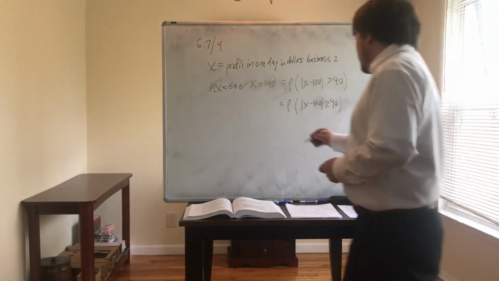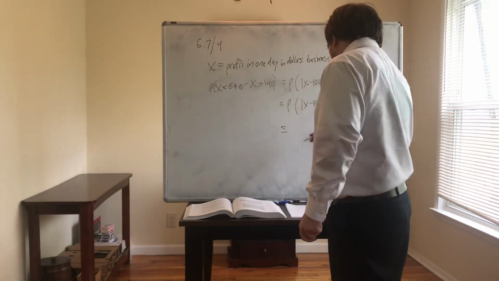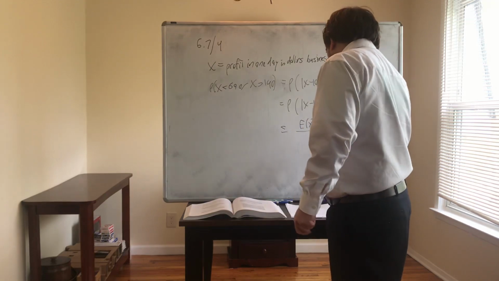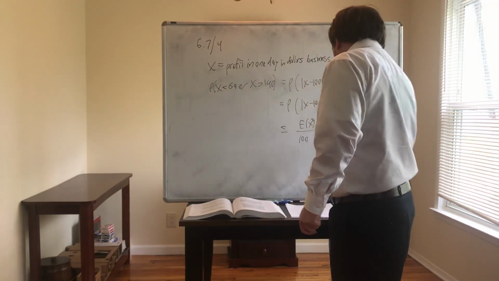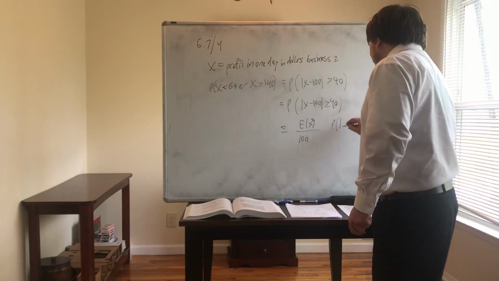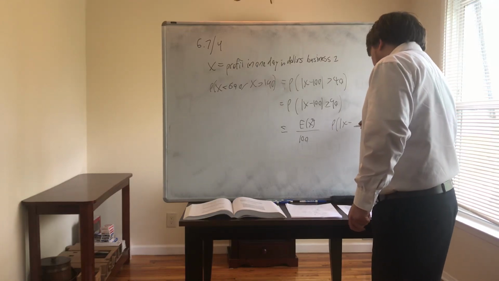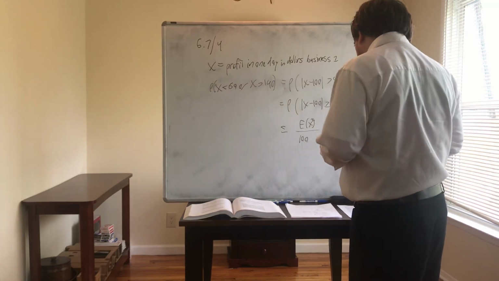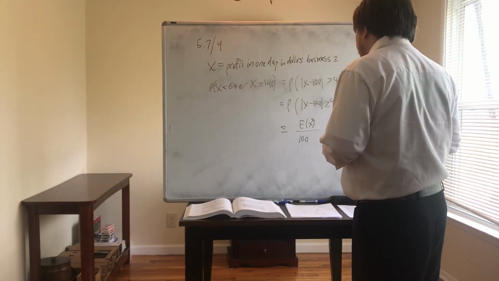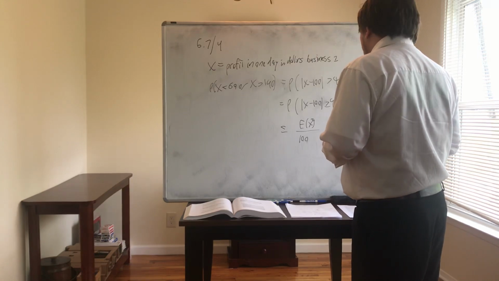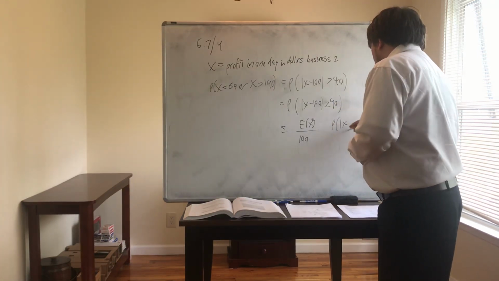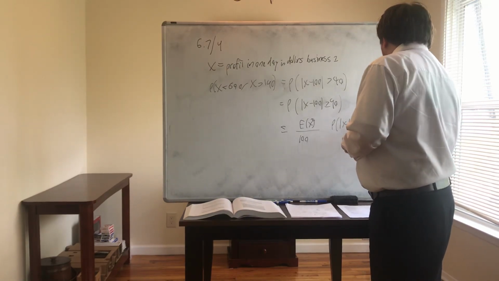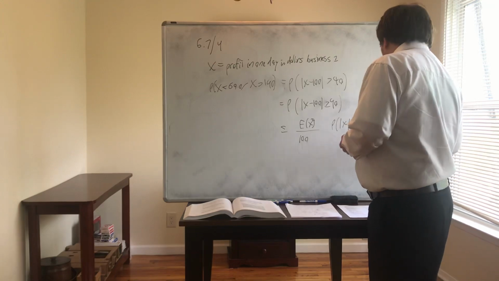Then, by Chebyshev's inequality, this is less than or equal to E of X squared over 100, because Chebyshev's inequality says the probability that the absolute value of X is greater than or equal to c is less than or equal to E of X squared over c squared.